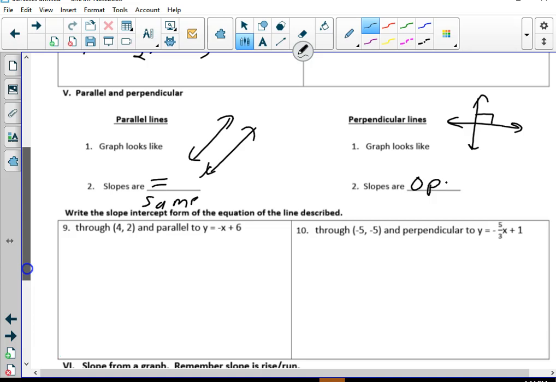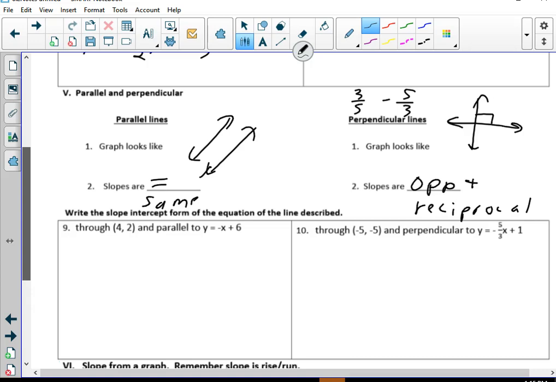And slopes are opposite and reciprocal. We're talking about flipping your fraction. Okay, upside down. So if one is 3/5, the other one is negative 5/3. So for example, 3/5, negative 5/3.